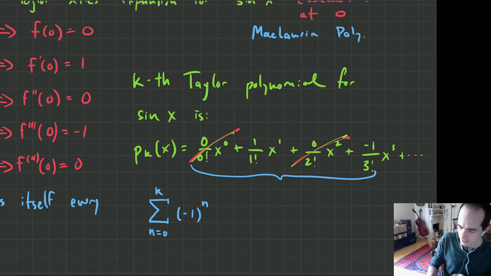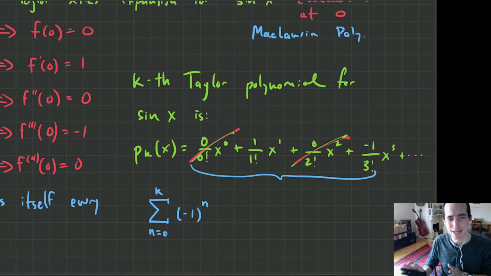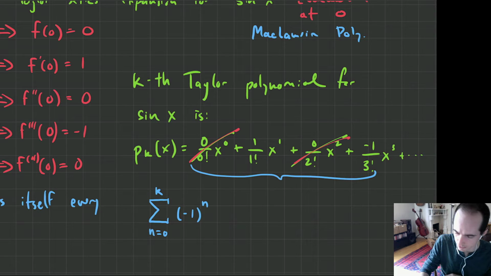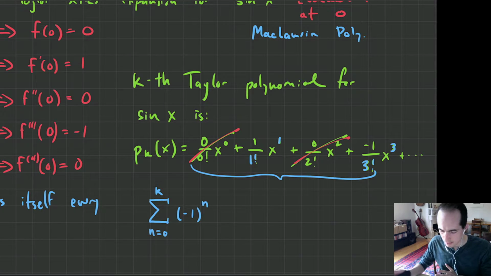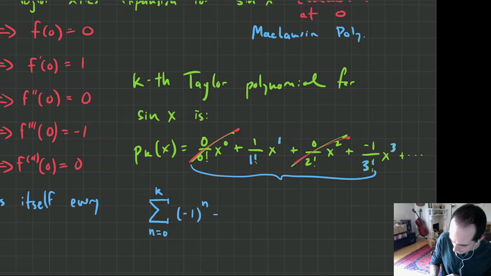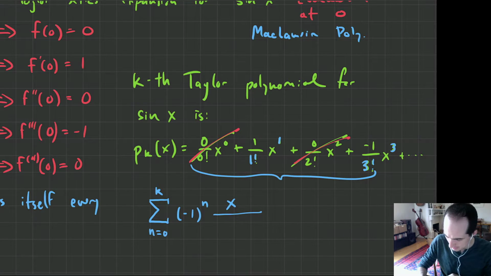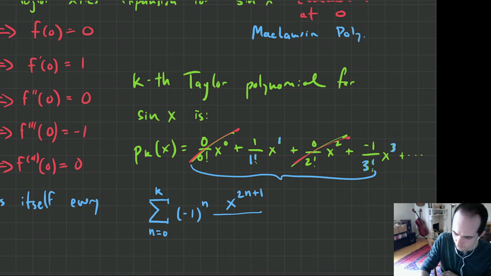Now I have to make sure that I only see odd numbers. I have a 1 factorial and a 3 factorial, and I have an exponent of 1 and an exponent of 3 here. So I'm going to have my fraction. The numerator is just going to be x to the power of 2n plus 1. It's 2n plus 1 because my index starts at 0.